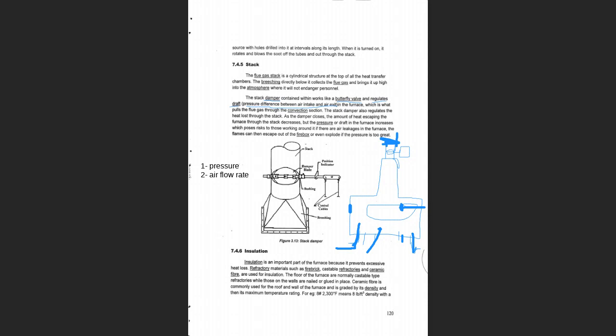جميل. فليش يخلون الفيرنس negative pressure عادة؟ because if you open this window ناصر جميل the pressure here outside P1 is higher than the pressure inside the furnace P2.